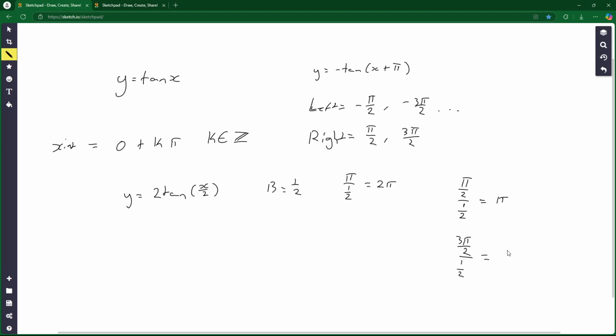oh geez, 3 pi over 2 times 2 over 1 is just going to equal 6 pi over 2. Is that right? I'm doing something wildly wrong here. 3 pi over 2 divided by 1 over 2.